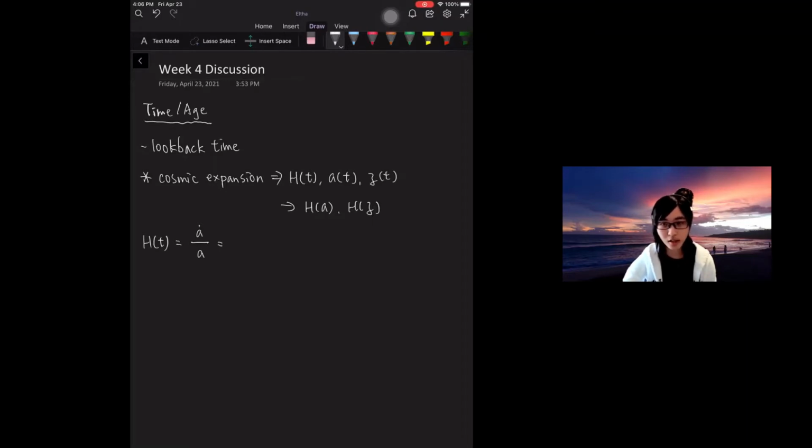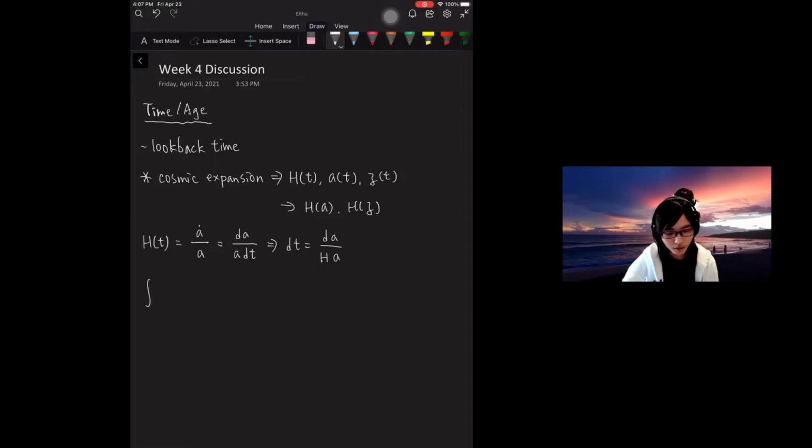So that's where the time comes from. So this can be expressed as dA/dt over a, right? And if we move things around a bit, we will get dt equals dA over H times a, right? So now we can calculate this with integrals.